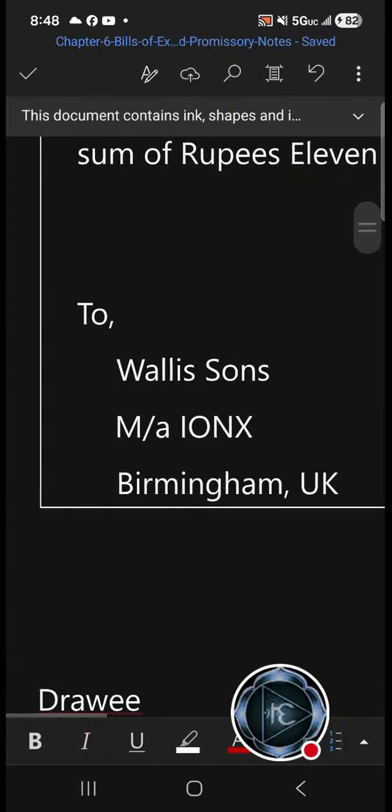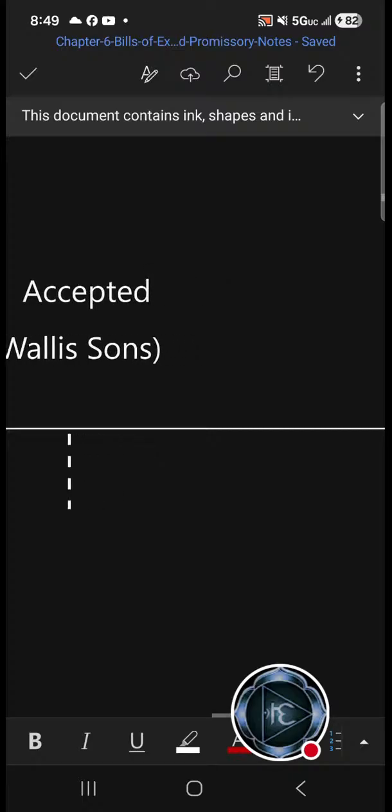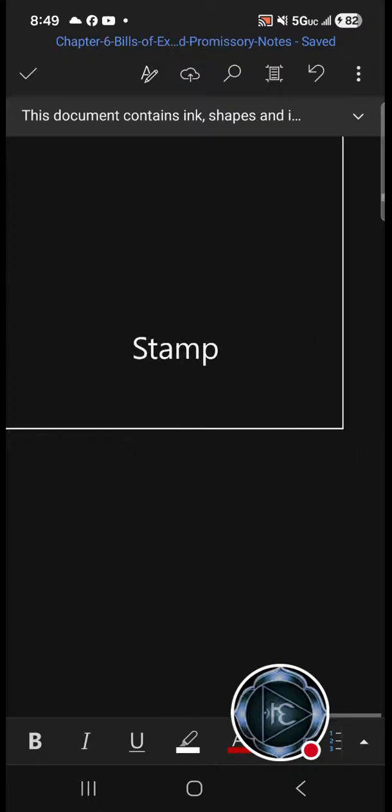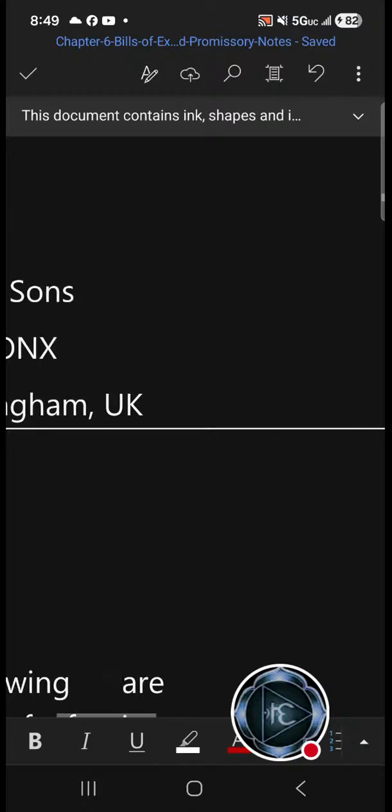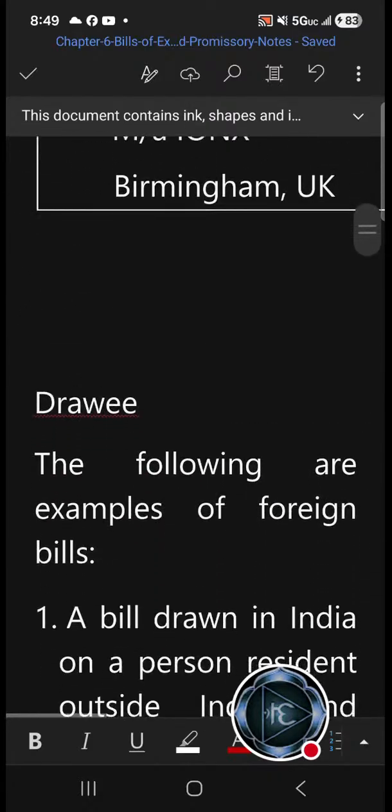To Wallace Son. Accepted by Wallace Son. Stamp. Okay, they're showing you where the position of the stamp needs to be.